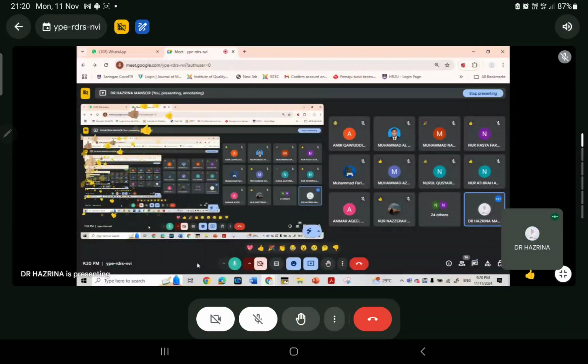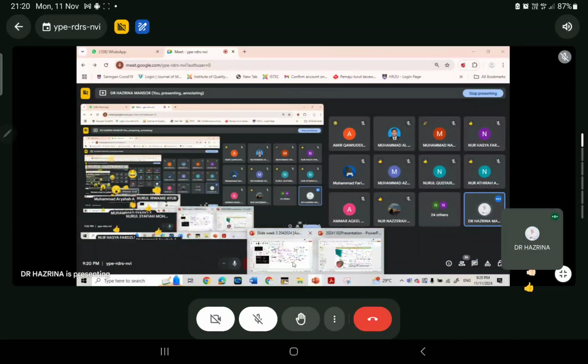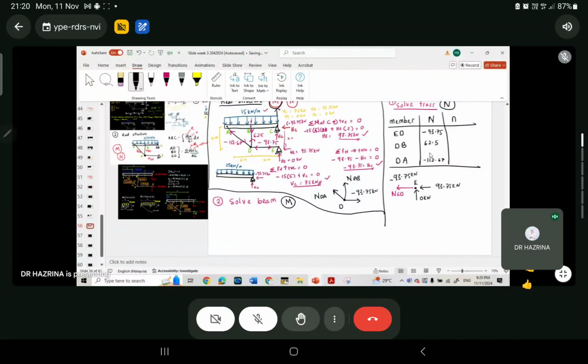Okay, alright. Good. So, cara nak kira, nak solve beam M ni. So, firstly, this is your beam. Okay, this is your beam. Tengok betul-betul. Sebab dia agak tricky sikit. Tapi cara ni adalah cara paling senang. This is your beam. You draw back your beam. Anything, first you kena draw back your beam.